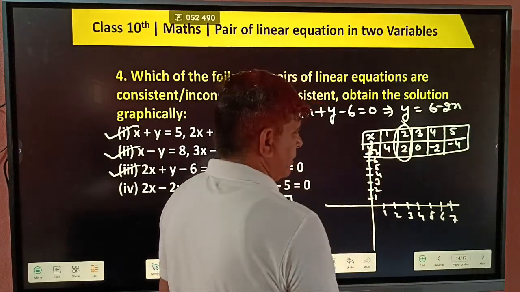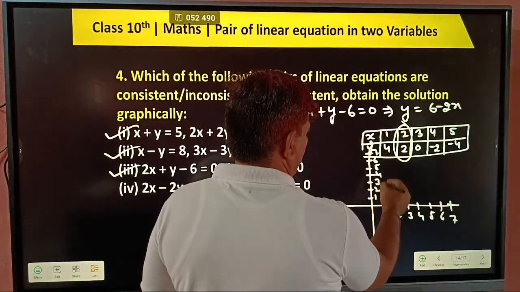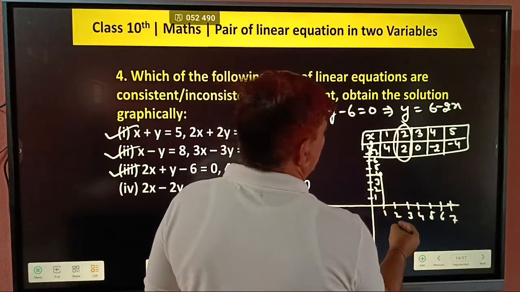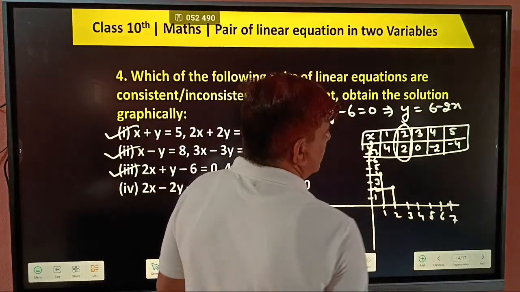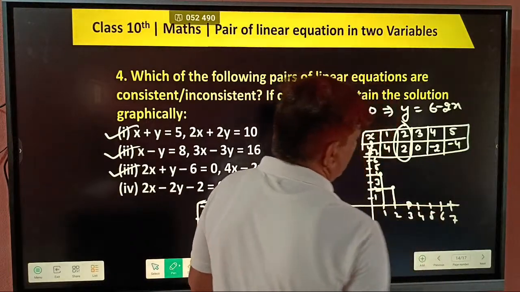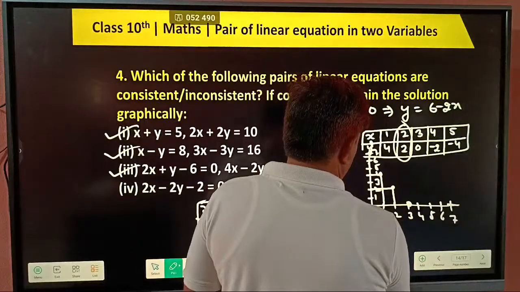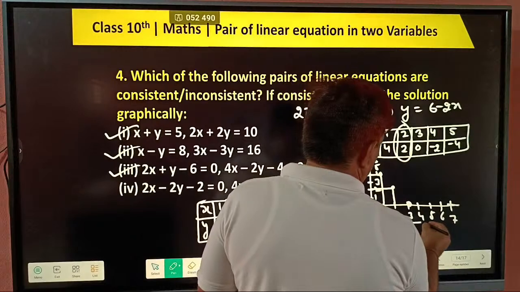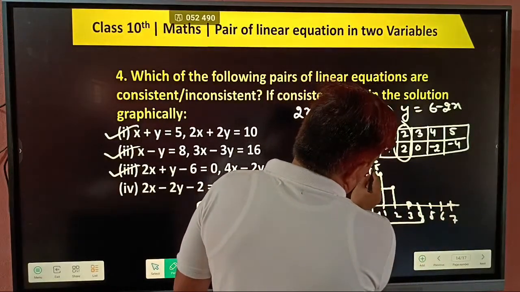So first x 1, then y is 4. So this point. 2, 2 means this point. 3, 0 means this point. 4, minus 2 means this point. So the graph is coming like this.